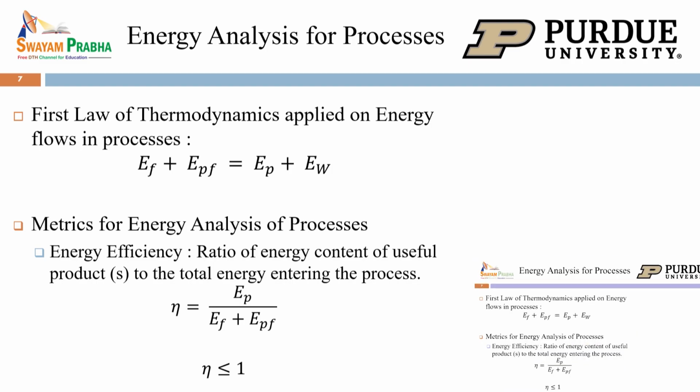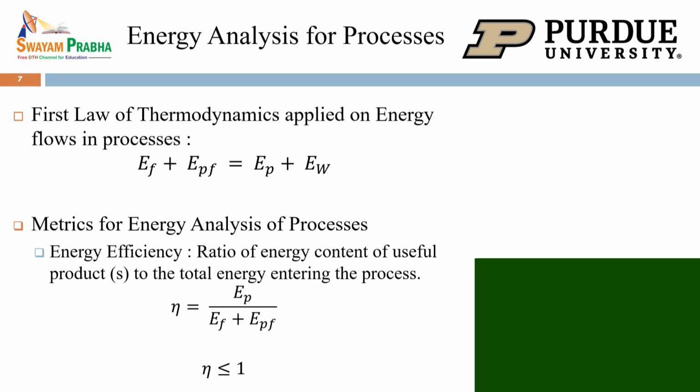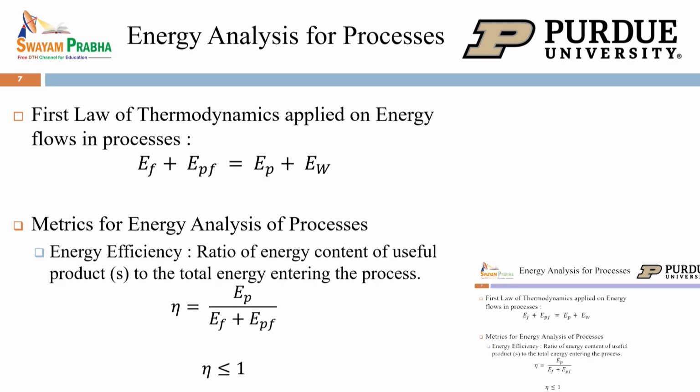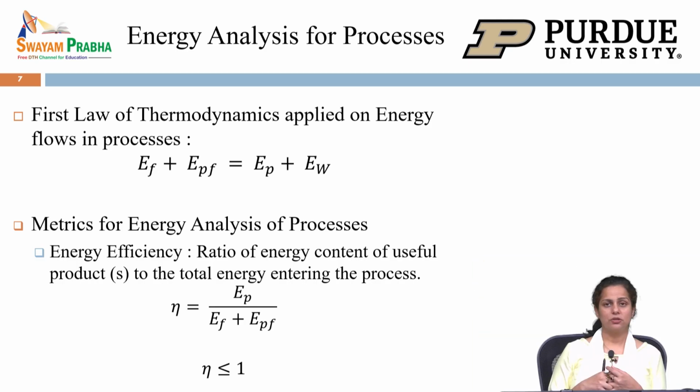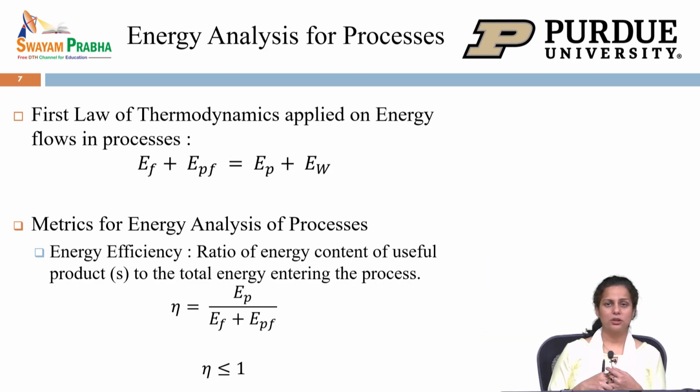Of course, if your eta is closer to 1, it is a good process. From an energy profitability perspective, which is an important thing for sustainability, the higher the efficiency of the process, the better it is. And we will see that when you calculate, you will be able to understand which process is better in terms of energy utilization.